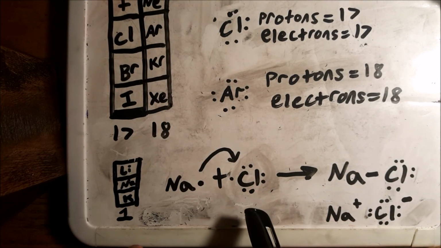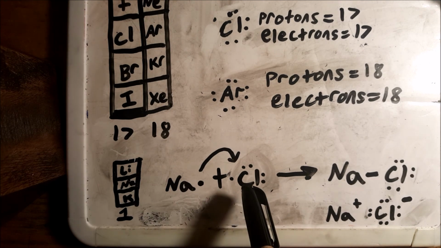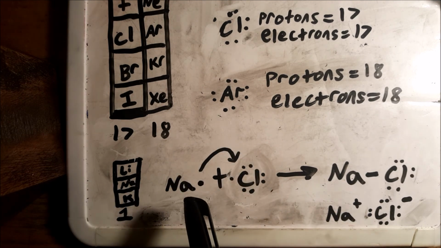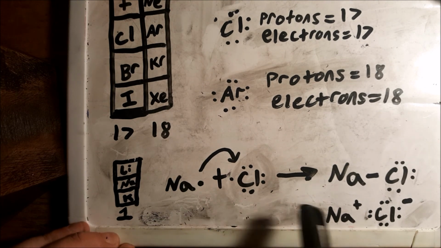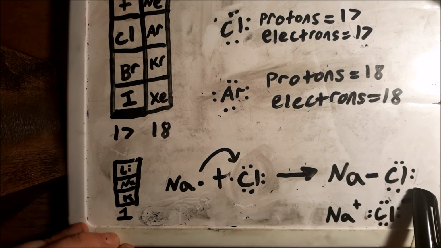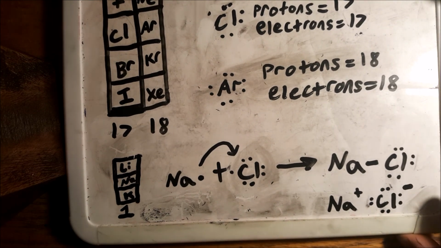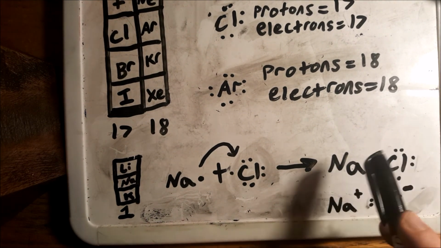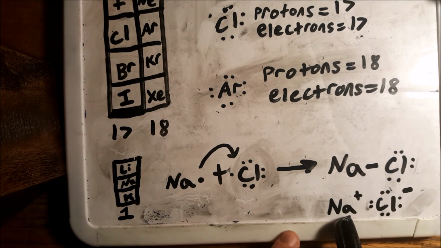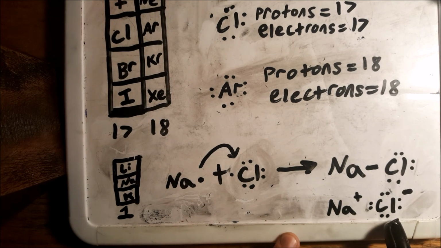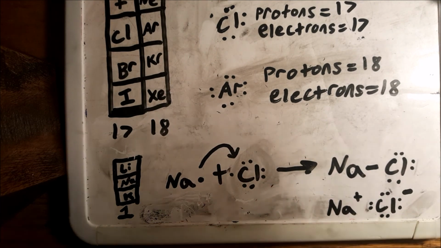Now sodium, whose electron is taken away, is even more stable because by losing that electron, it now acts like a noble gas. It has the same amount of electrons that a noble gas does. And like I said before, every element wants to be a noble gas. Every element wants to be stable. Sodium and chlorine just got really damn stable.